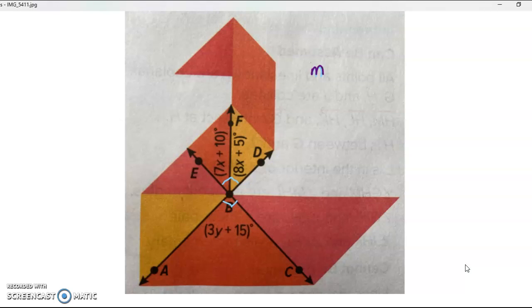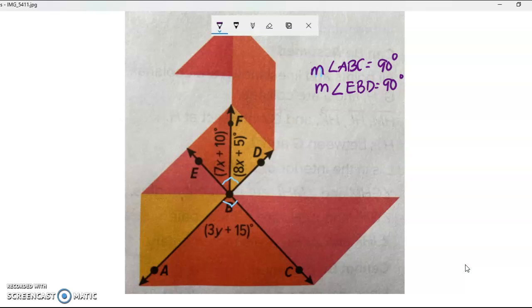This means to say that angle ABC is equal to 90 degrees and angle EBD is also equal to 90 degrees. With this given, class, we can solve for the value of y from this.